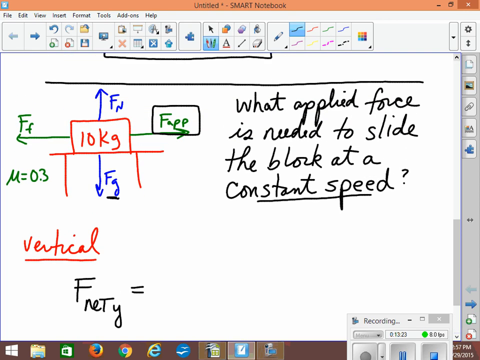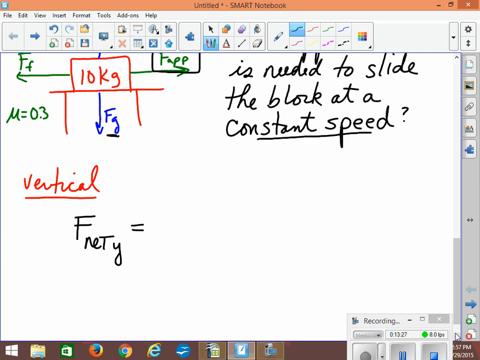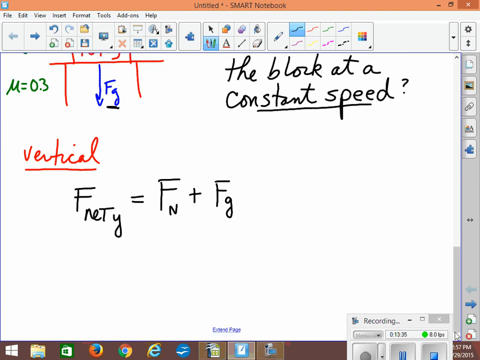I see force of gravity and I see normal force. So I put them in here. I don't put any other forces in here because the other forces are not vertical. Fn and Fg. Now, I remember that F net equals ma because of Newton's law. And I remember that Fg is equal to mg. That's the formula for the force of gravity.